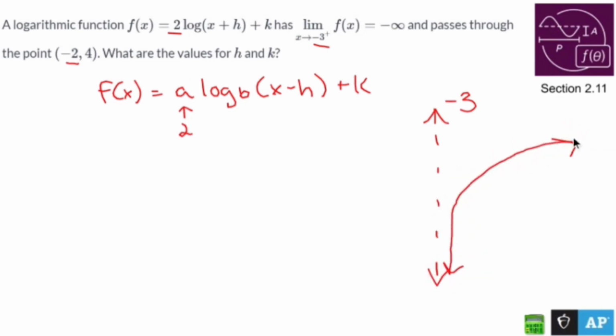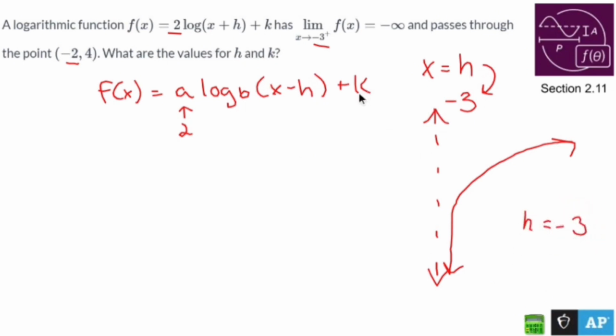So again, I'm coming from the right to -3 and hitting negative infinity. So that's my guy right there. Whenever I have a vertical asymptote, I know that my vertical asymptote equation is x equals h, which means h is -3. So part 1, we're done. H is -3.